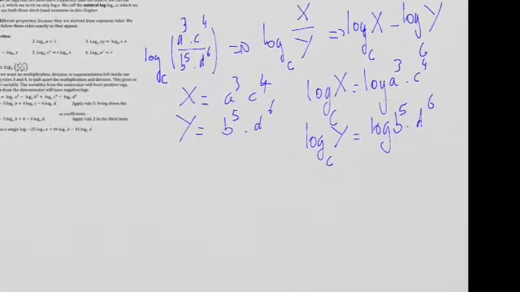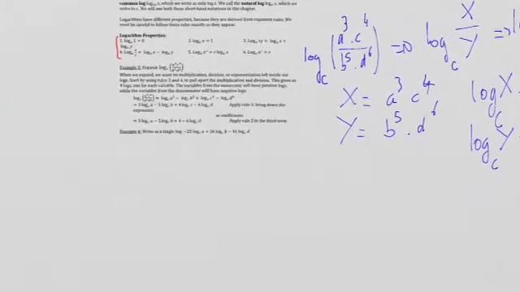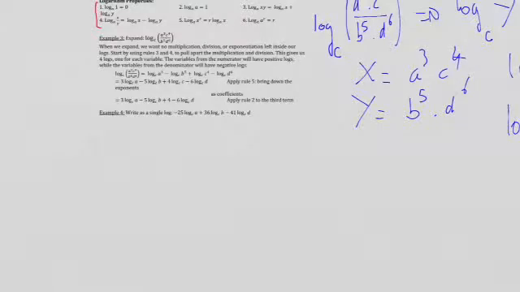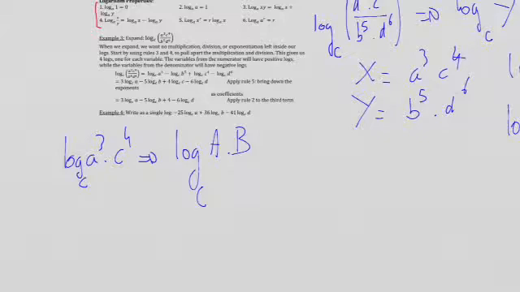Why? Because when you look at your log base c of a cubed times c to the 4th, that reminds you of the log base c of the multiplication of a multiplied by b.